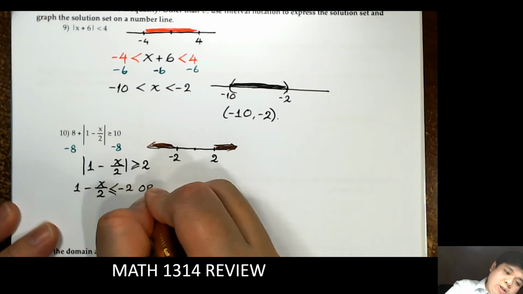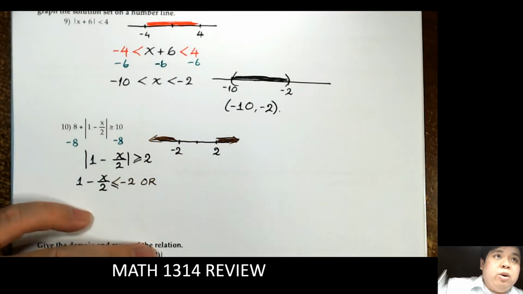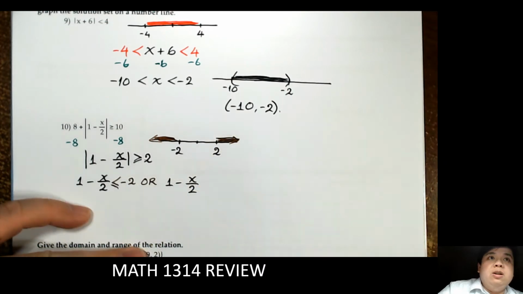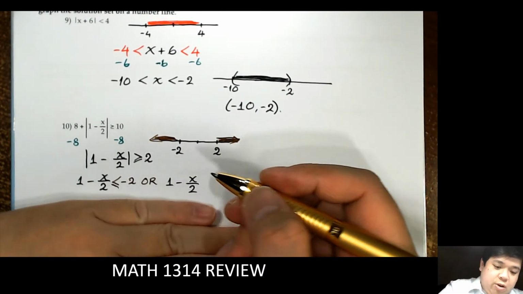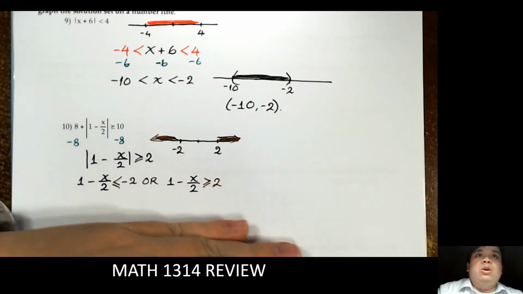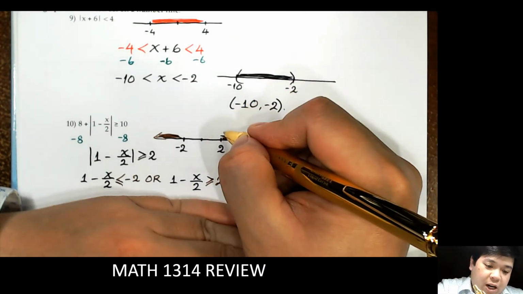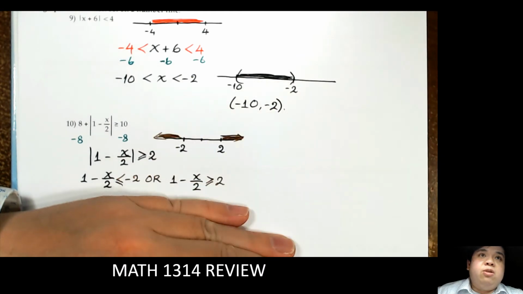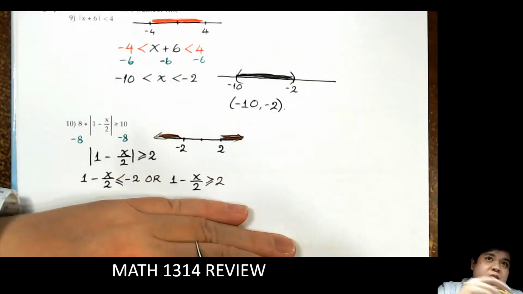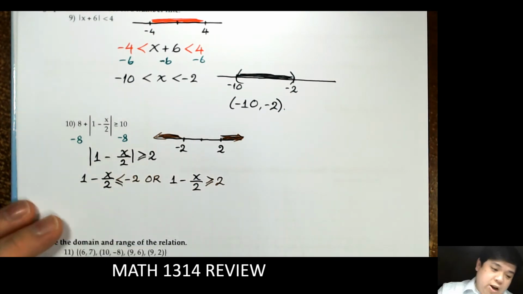Or we have 1 minus x over 2 has to be greater than or equal to 2. So pretty much it's going to be greater than 2 and less than negative 2. Less than the negative, greater than the positive, on the outside. And then we just solve for x.